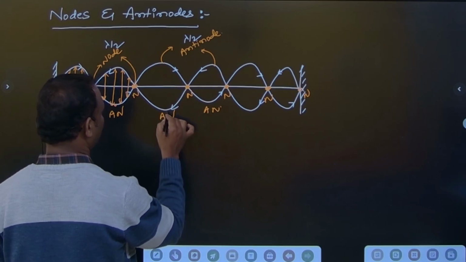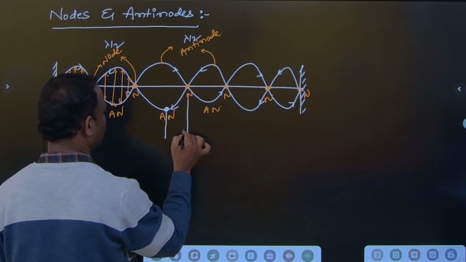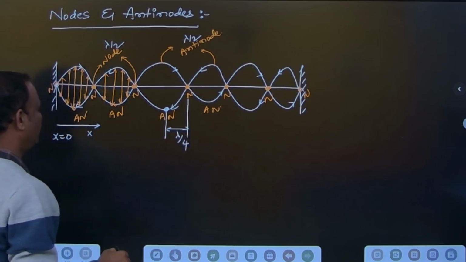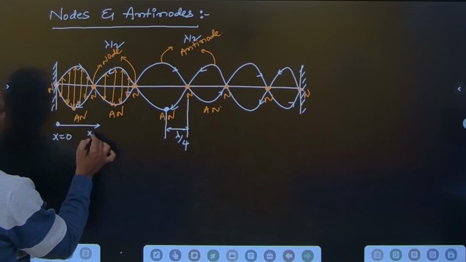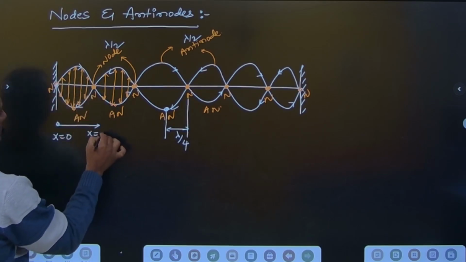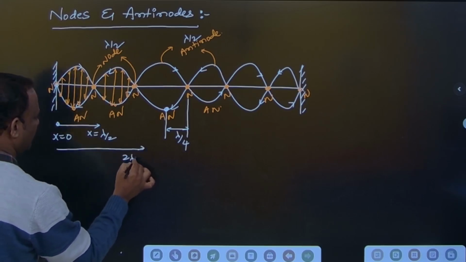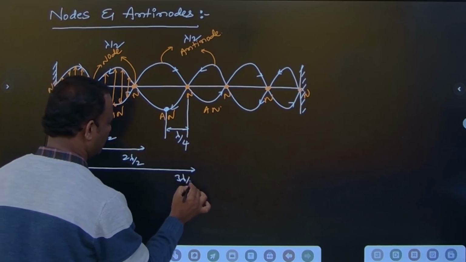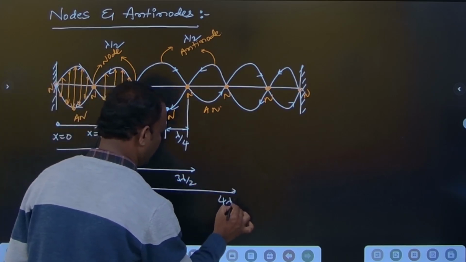Next, if I talk about a node and the next antinode, for example this is an antinode and the next one is a node. The distance between these two is lambda by 4. At x equals 0, the next is x equals loop length lambda by 2, then 2 lambda by 2, then 3 lambda by 2, then 4 lambda by 2.